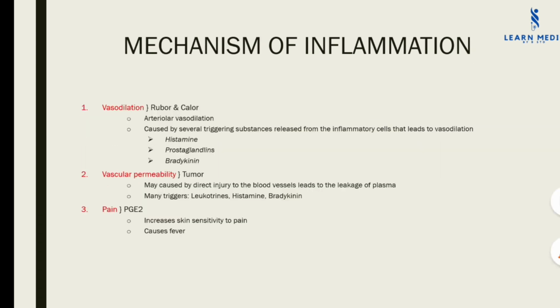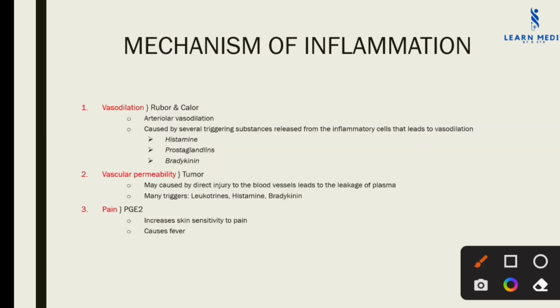So we are going to deal with the mechanism of inflammation. The main mechanisms include vasodilation, the vascular permeability that happens to the tissue undergoing inflammation, and the pain which we feel during inflammation. Due to the vasodilation, as mentioned before, we have the rubor and calor, meaning redness and temperature, happening to an inflammatory cell.